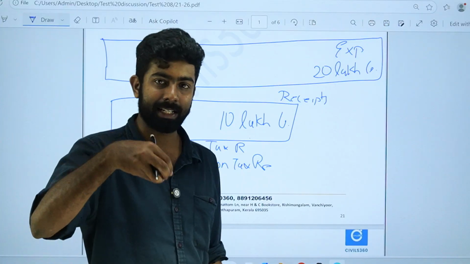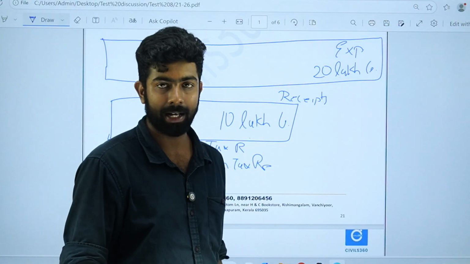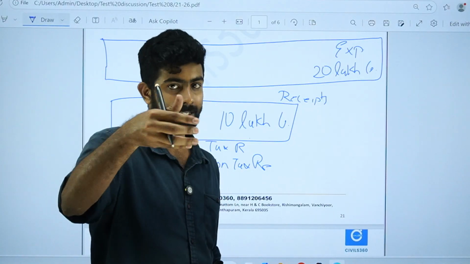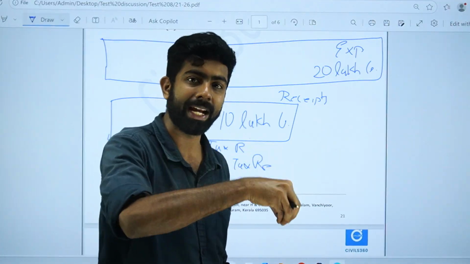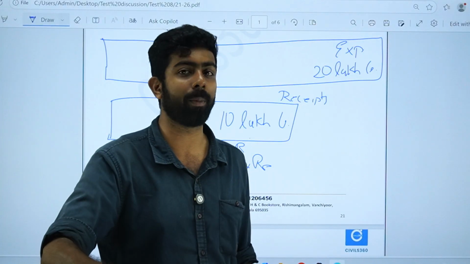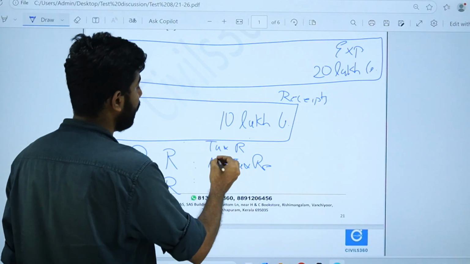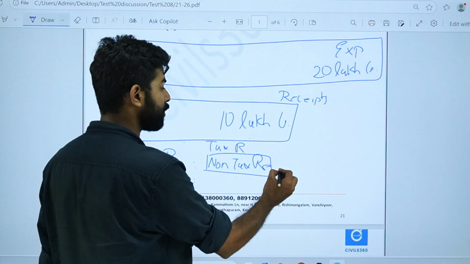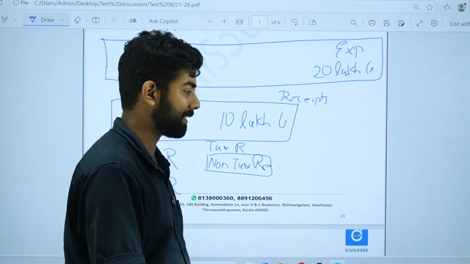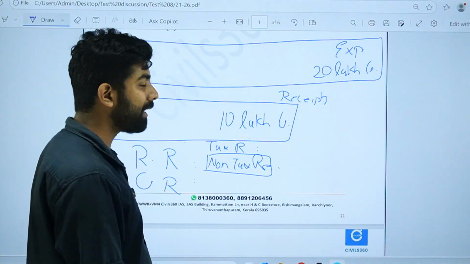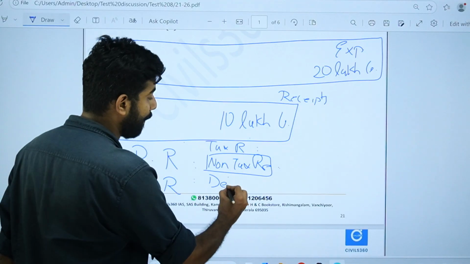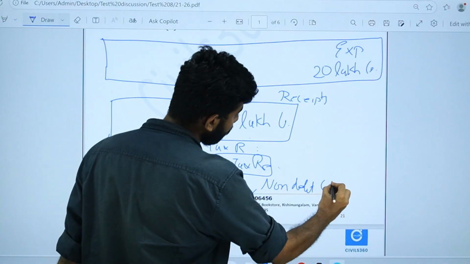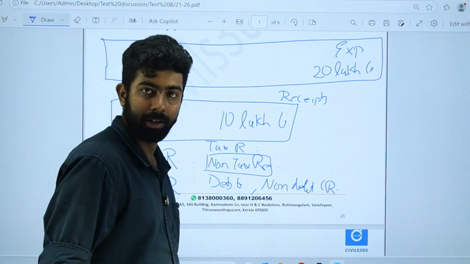Say the central government gave a loan to a state government. That loan itself is a capital receipt, if they pay back the loan. But the interest payments made by the state government to meet that loan obligation are a non-tax receipt. Non-tax receipts also include fines and various other things. Capital receipts are again divided into debt creating capital receipts and non-debt creating capital receipts. So these are the subdivisions.